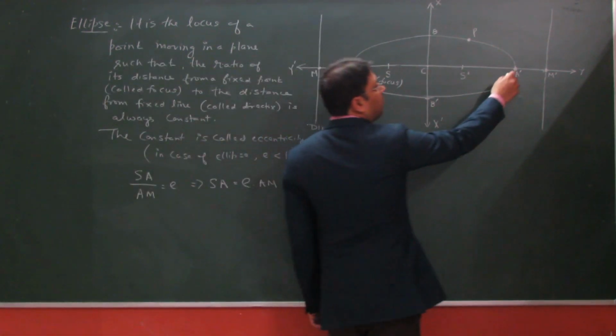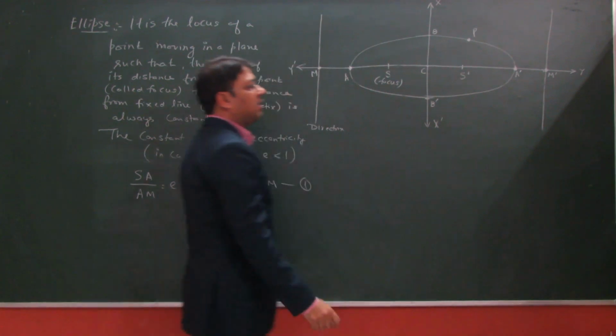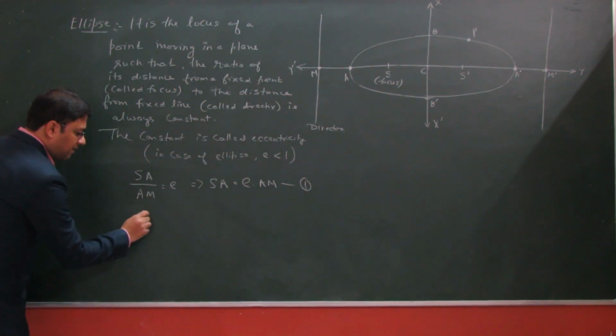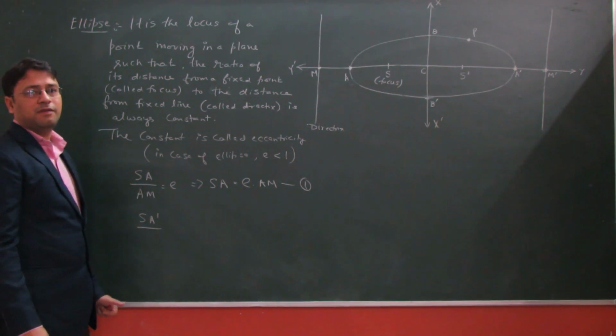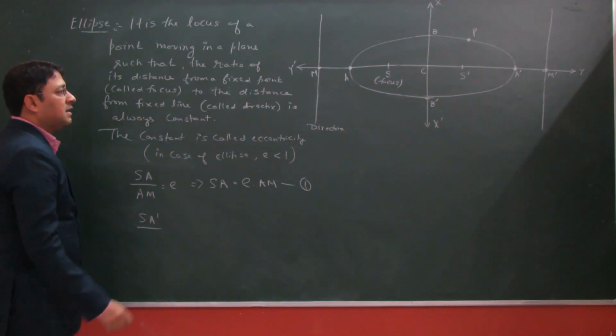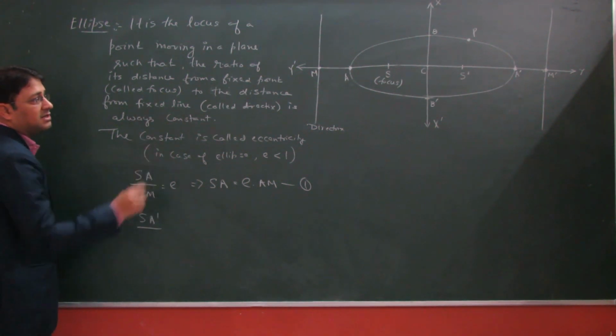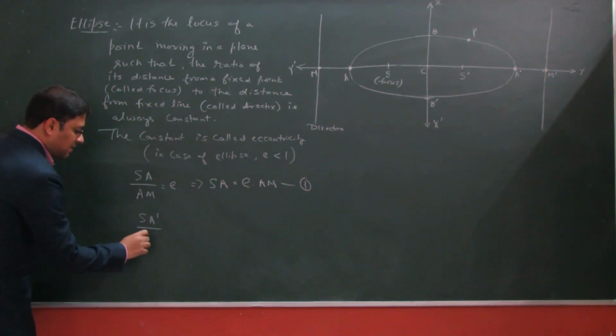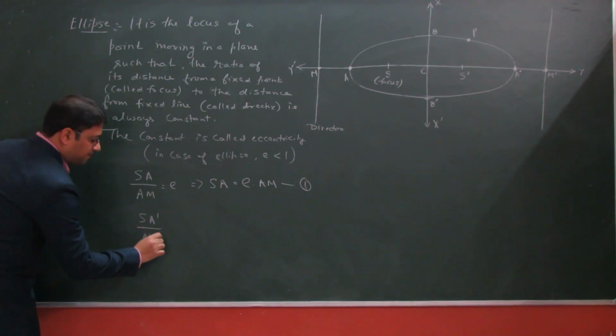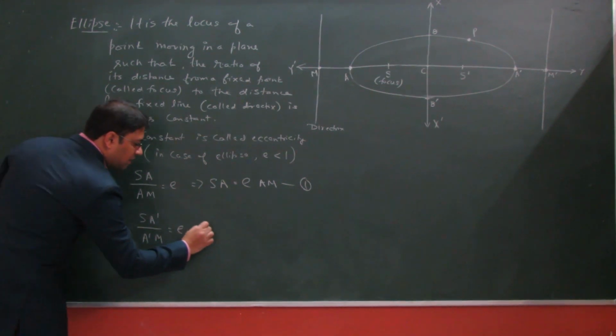Okay, now I am assuming one more point, say A dash. For A dash, we get SA dash, the distance of A dash from the fixed point S, and its distance from the directrix on the same side of the focus, A dash M, is also equal to e.